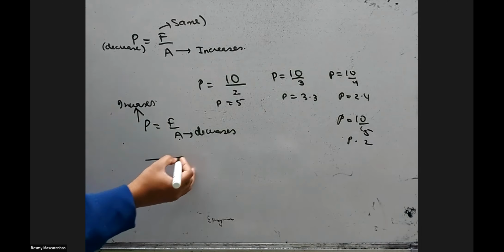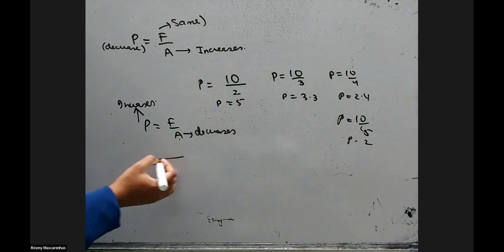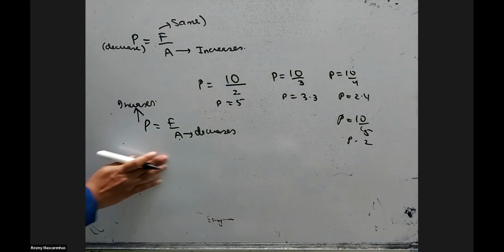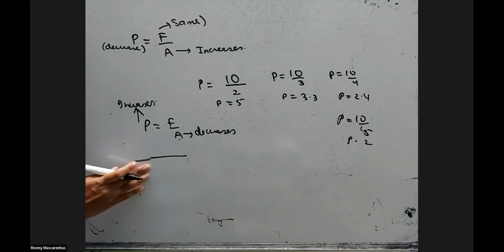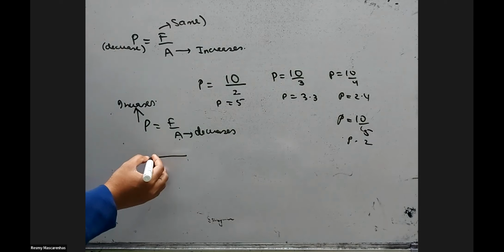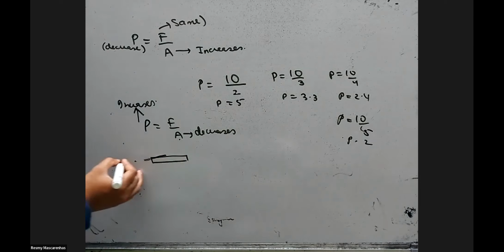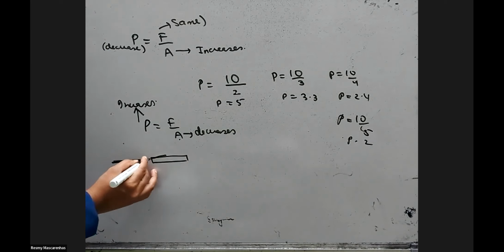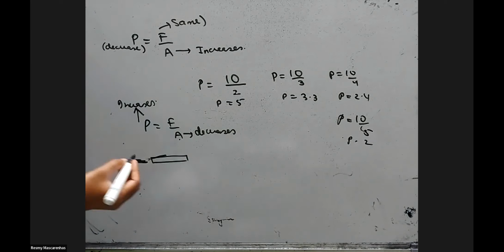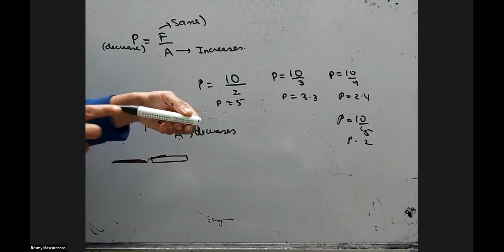Okay, the same concept applies to the knife now. There's a knife. Suppose this is a blunt one and this is the sharp edge. The diagram is a very sharp, fine one and this is a slightly blunt one. Suppose the edge is like the edge of the knife.